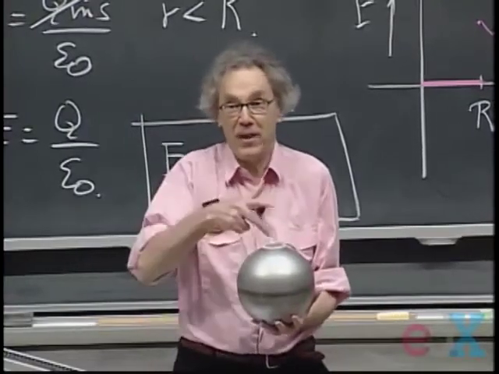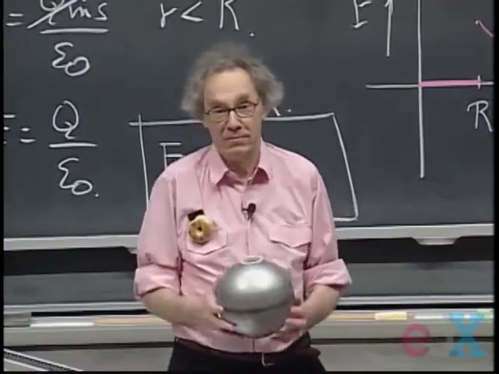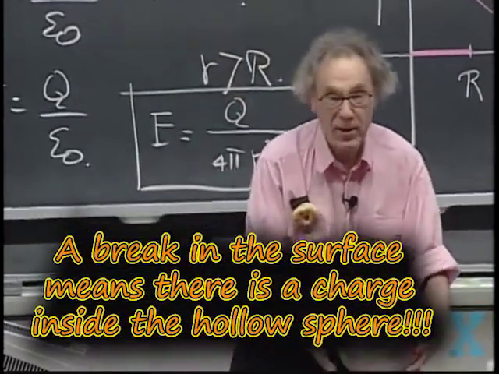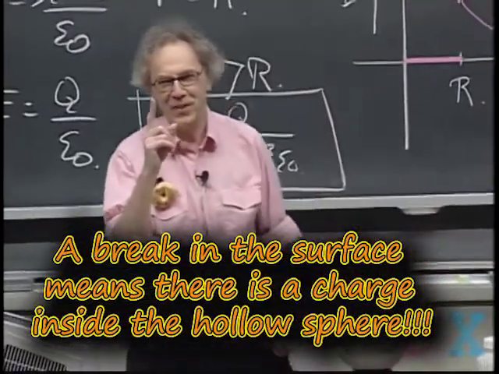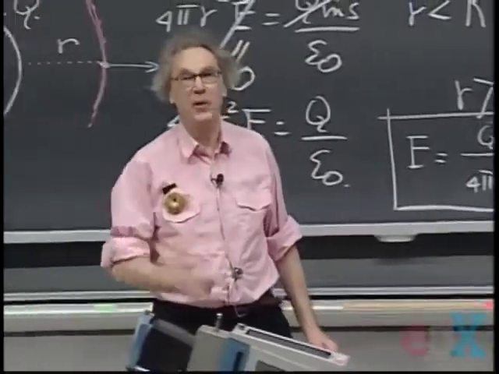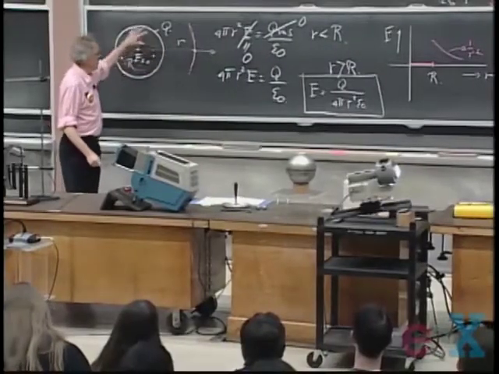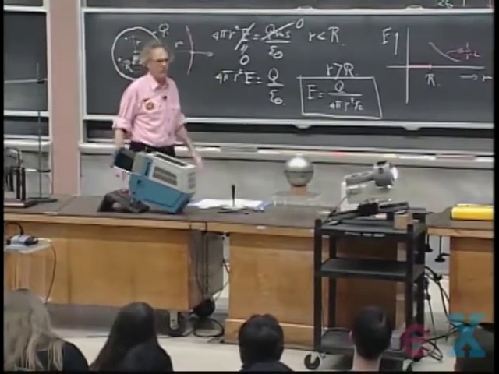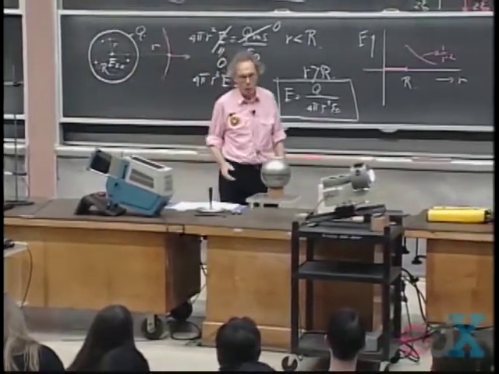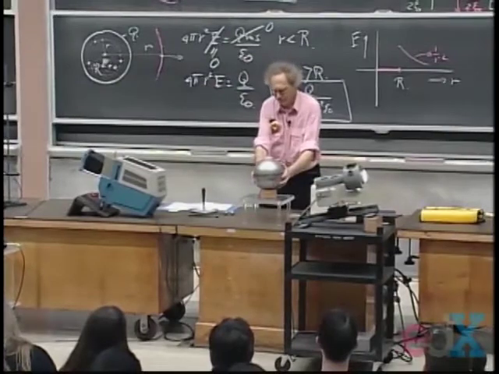And since I have to get inside, I need an opening. There's nothing I can do about it. Since there is an opening, the electric field is not exactly zero inside. It's only true if this is a complete closed surface and if the charge is uniformly distributed. But it's a good approximation. The opening is quite small.